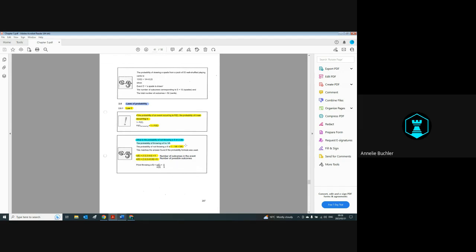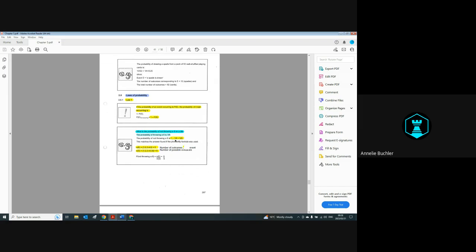The probability of not throwing a 6 is 1 minus 1/6, which equals 5 out of 6. I hope this makes sense, because it's 1 minus 1 out of 6, so it equals 5 out of 6. This answer can also be found using the probability formula.